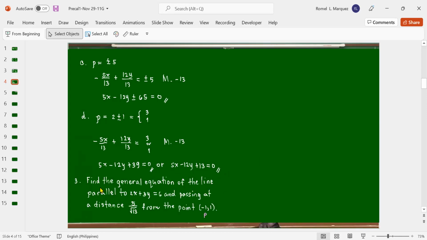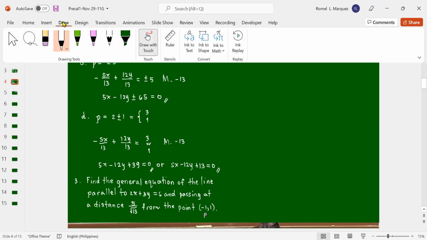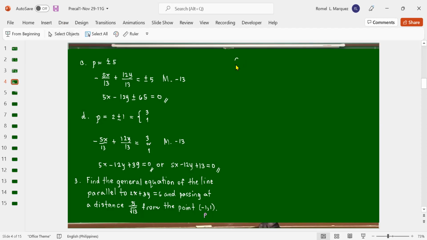For number 3, we have: find the general equation of the line parallel to 2x plus 3y equals 6 and passing at the distance 5 over square root of 13 from the point negative 1, 1. Let's call negative 1, 1 P. Let's illustrate this problem.